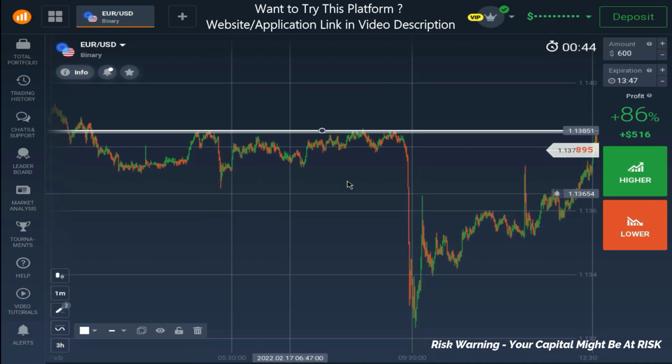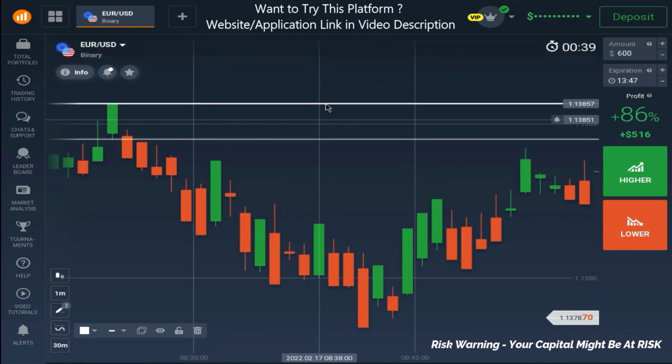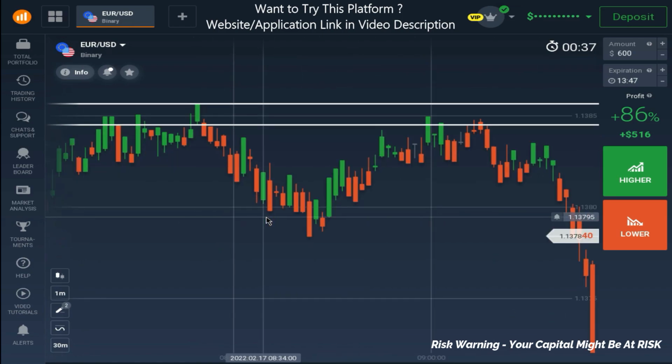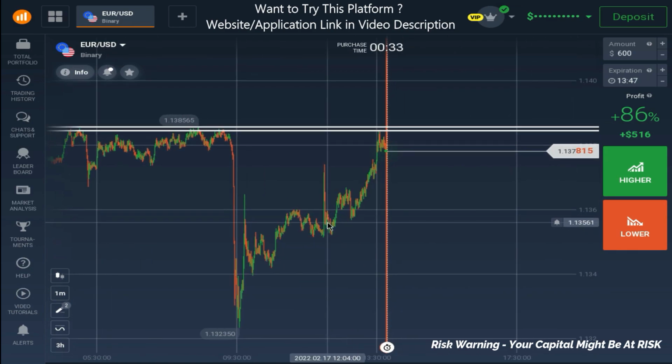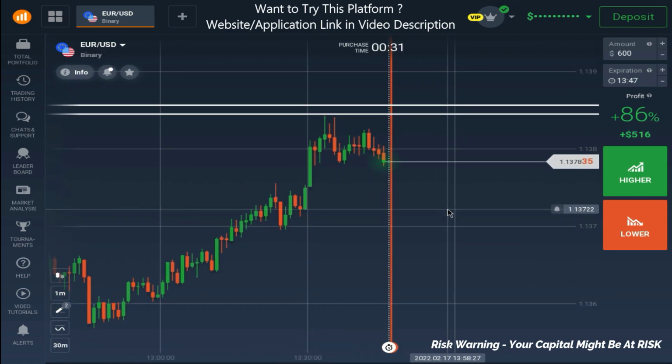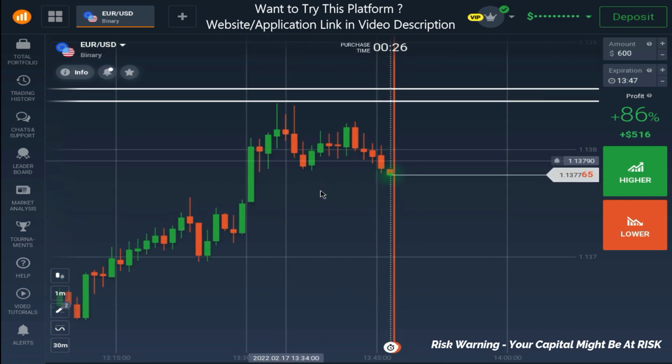So we have a zone of resistance. As you can see, it's an extreme level of resistance, so it is going to work for sure, and it can reverse the market in the future. Right now you can see the market actually reversed from this level.